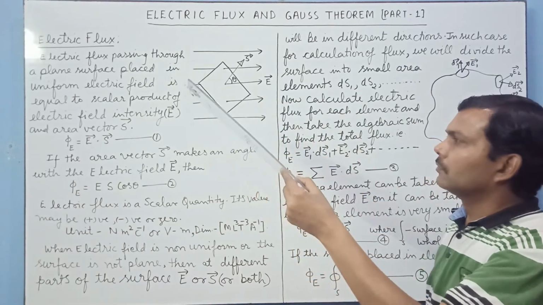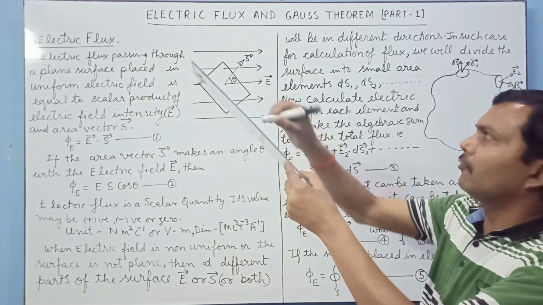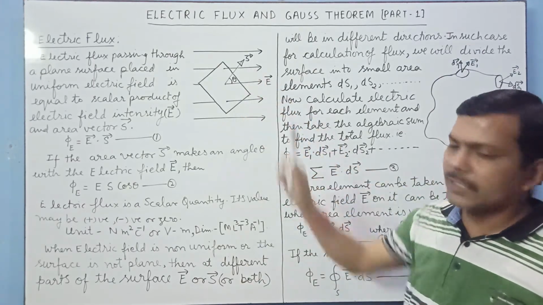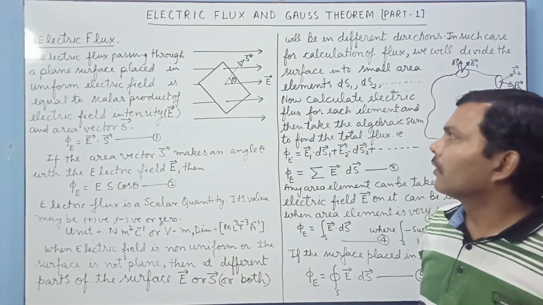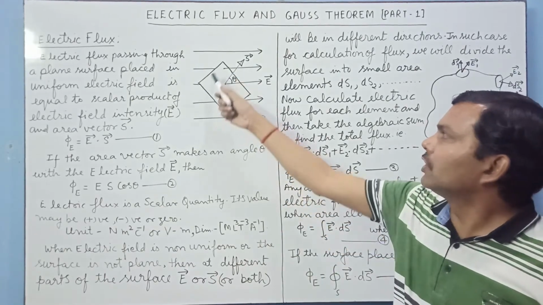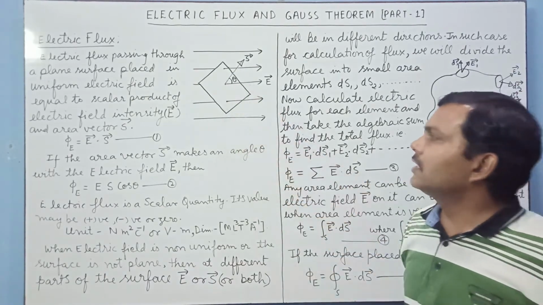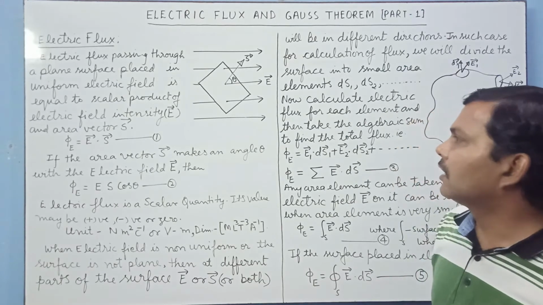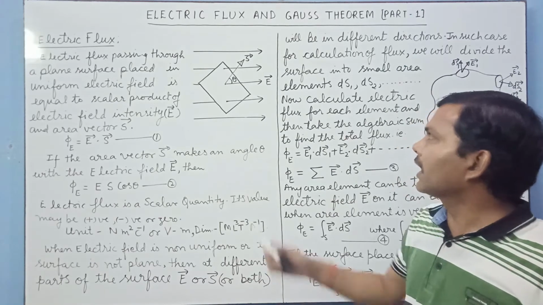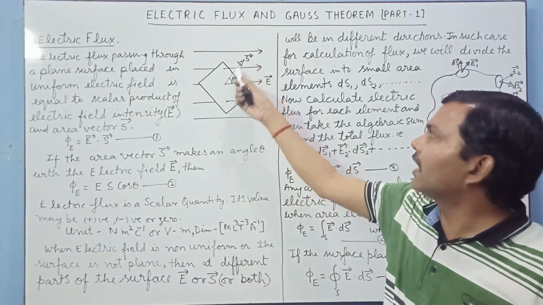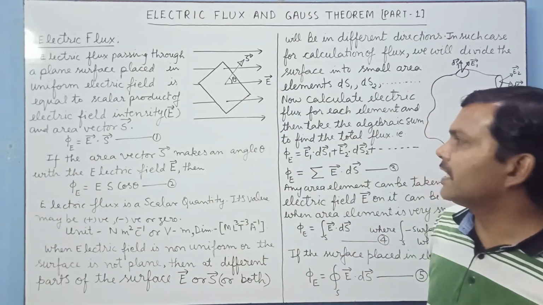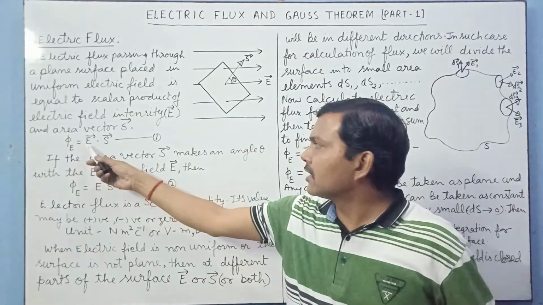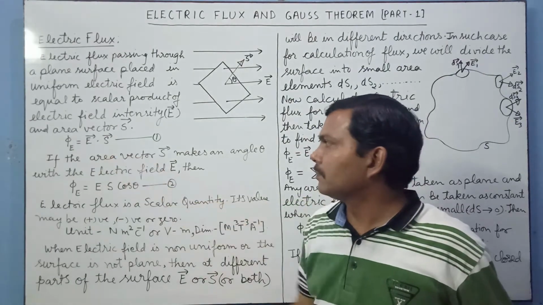So the angle between the electric field and the area vector is taken to be theta. The flux passing through this area inside the electric field is the scalar product of the electric field and the area vector of this area. Phi e is written as E dot S.